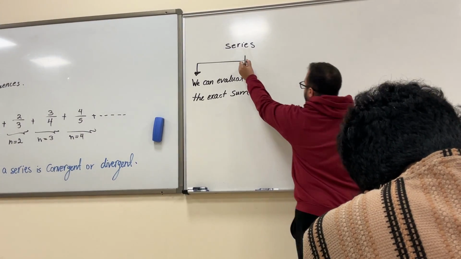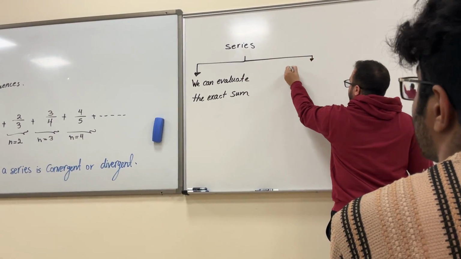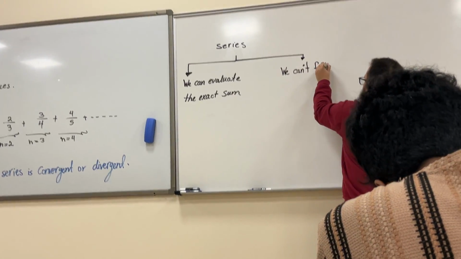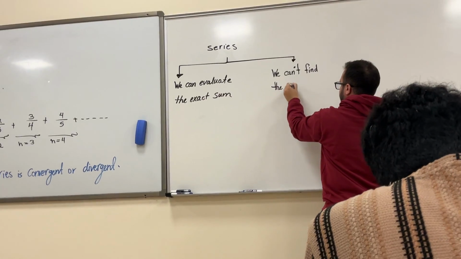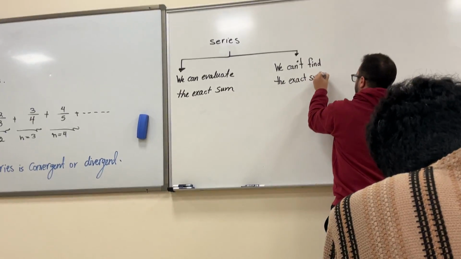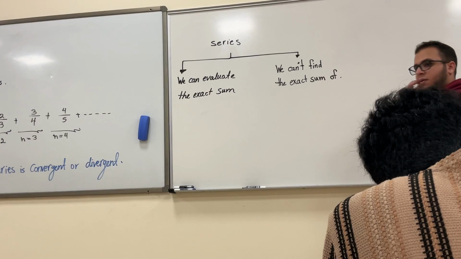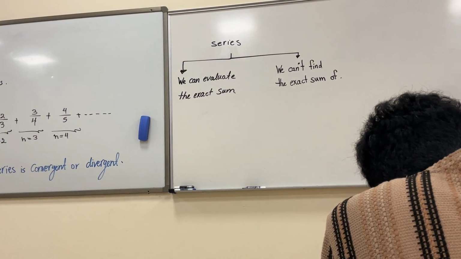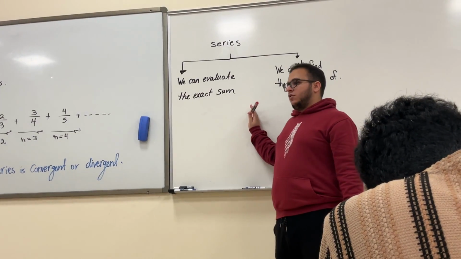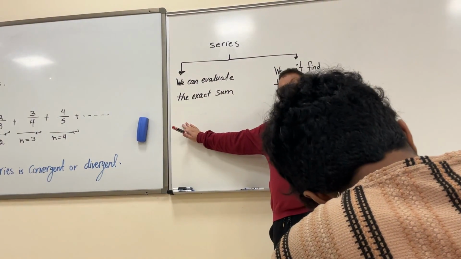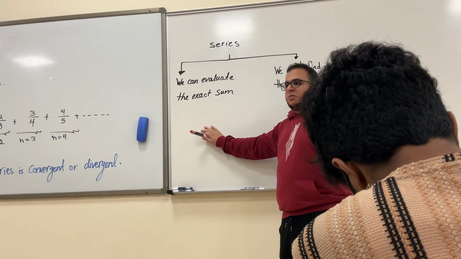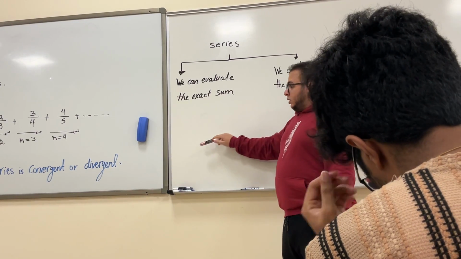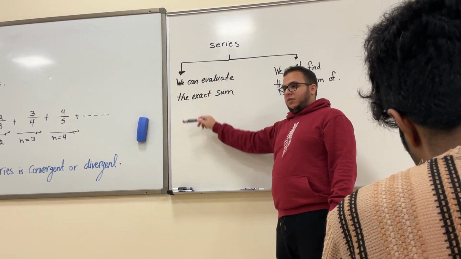And another type of series is one we cannot find the exact sum of. It's like 7.8, when we had a section of evaluating integrations. We were doing integration, substitution, by parts, blah, blah, blah, and we were putting t and limits and all of this. So this is similar to this part.